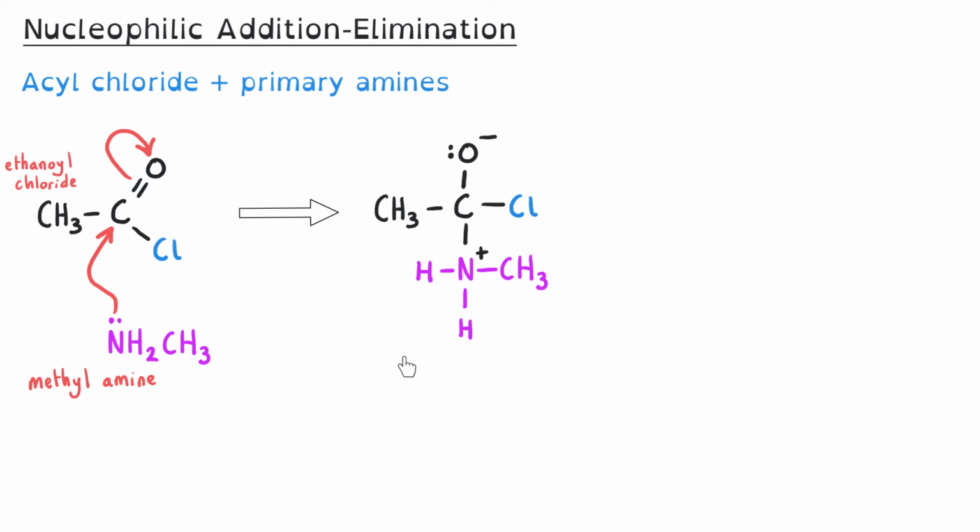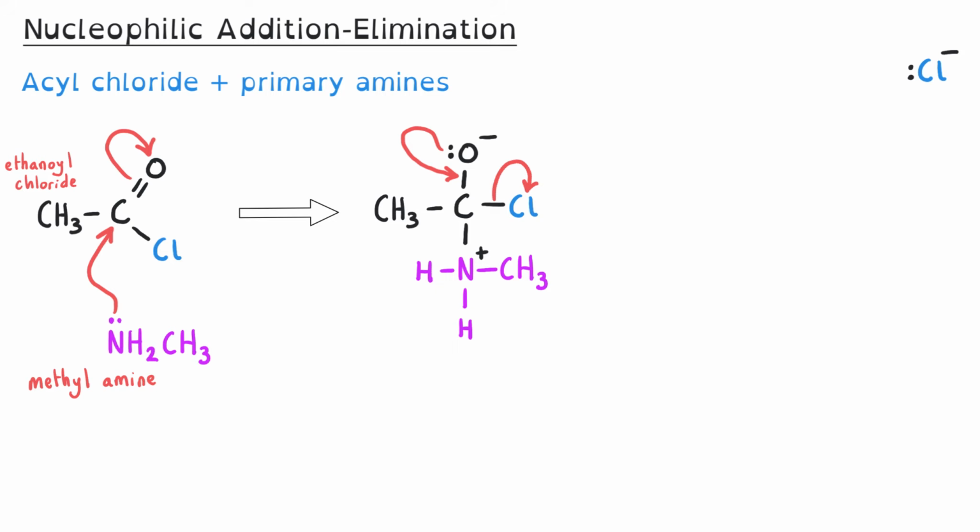Then we produce our intermediate, which needs to have a negative charge on the oxygen and that lone pair, and the nucleophile is now attached to the carbonyl carbon, but it will be positively charged because it's used its lone pair to form this new bond. And so in stage 2, the bond between the carbon and the chlorine breaks and the chlorine leaves, and the oxygen uses that lone pair to remake the bond between the carbon and the oxygen, and that now becomes a double bond again.